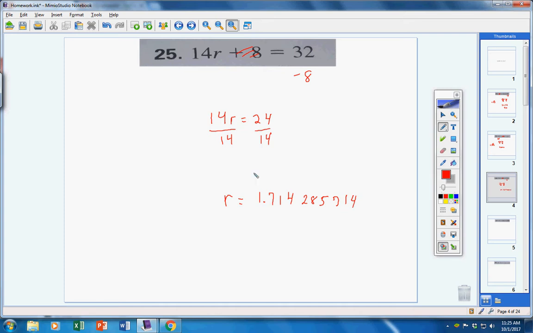Okay, so go to the third decimal place. 1, 2, 3. This 4 tells you to leave the 1 alone. So your answer is 1.71. Alright, number 27.